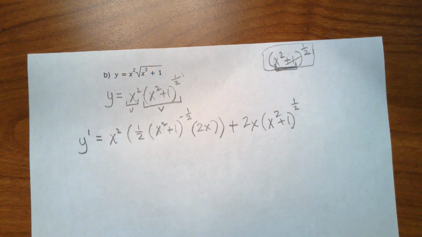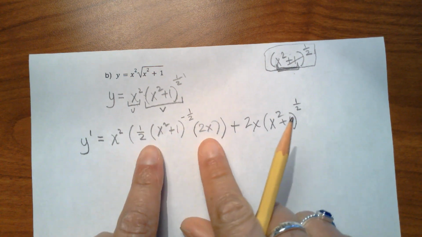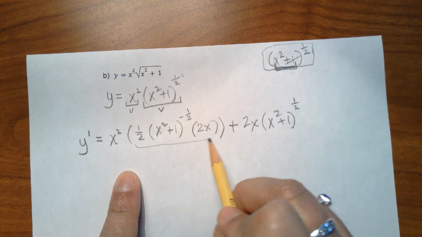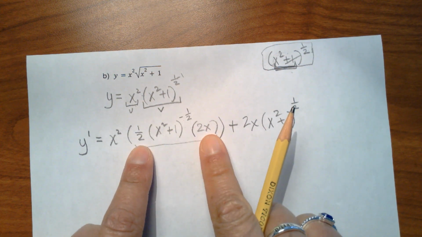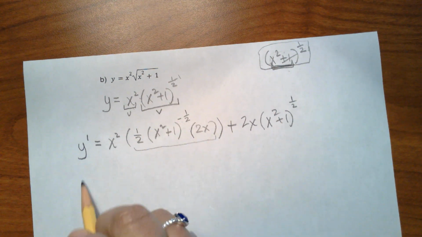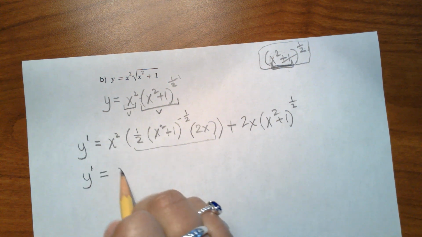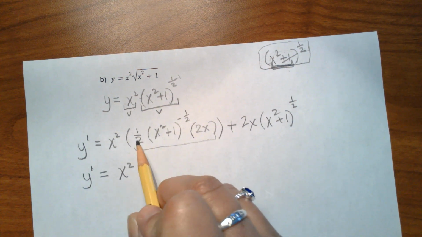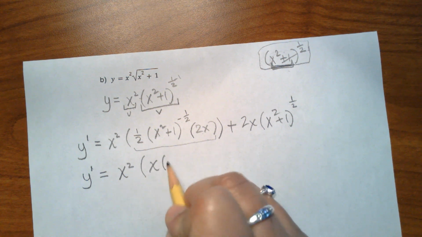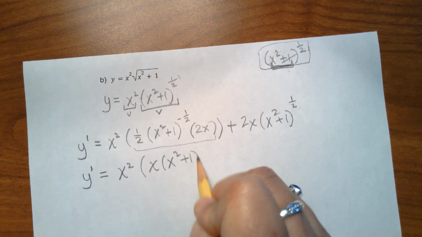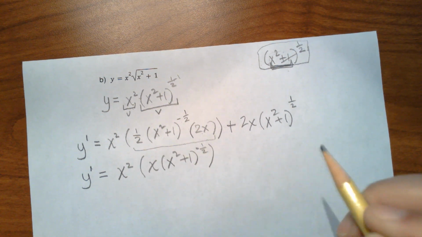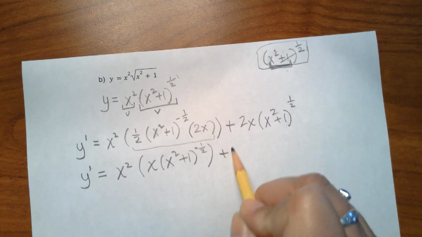Okay, let's do a little cleaning up here. First, I look inside right here, and I see that I can multiply the 1/2 times the 2x. So I'm going to have y prime equals x squared times 1/2 times 2 is 1, times x squared plus 1 to the negative 1/2. And then here I can't simplify anything.